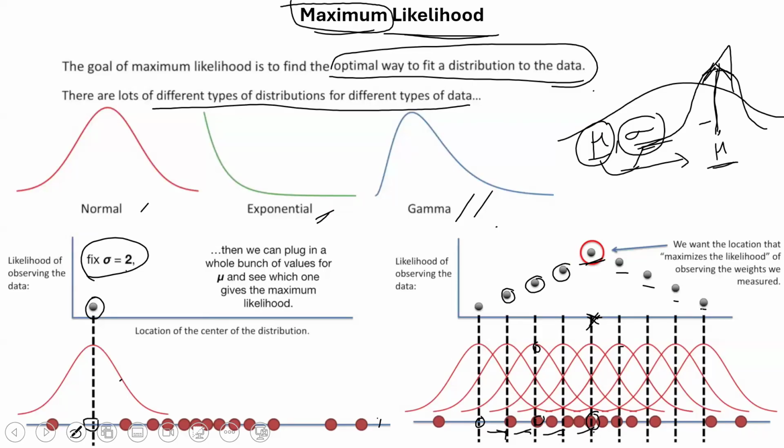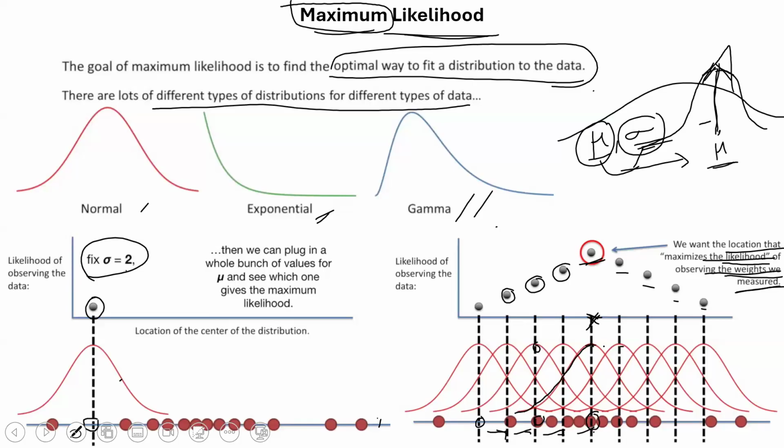So we want the location that maximizes the likelihood of observing the weights we measured. What is our intention with maximum likelihood? We want the location that maximizes the likelihood of observing the weights that we measured. If you take this particular distribution, this is where we got the right distribution.